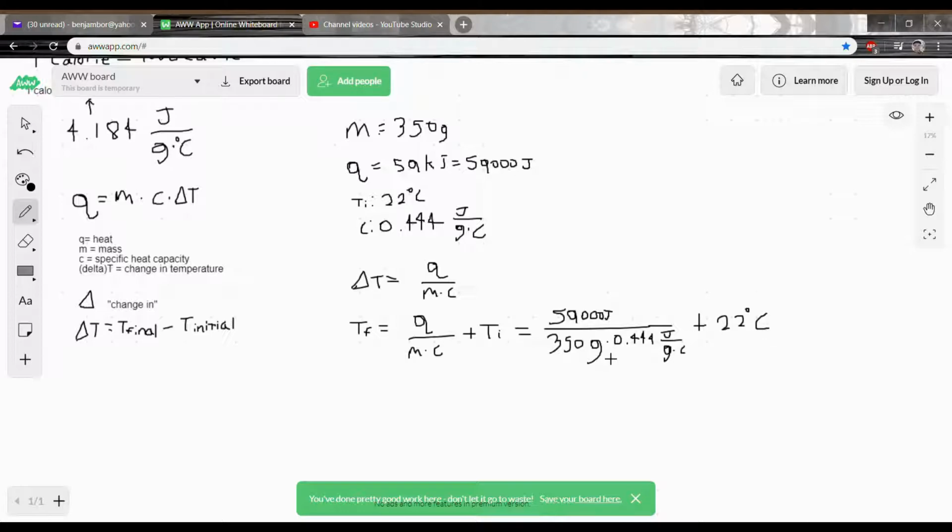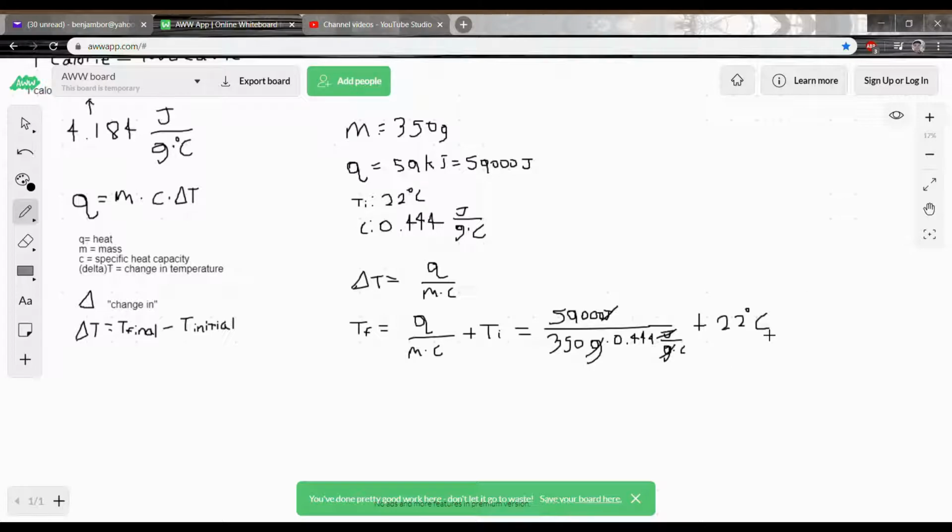Now, in order to add these two things together, they have to have similar units. We can see that these units are going to cancel out, and these are as well. This is going to give us 1 over C, which can simplify to simply degrees Celsius. That means we have like terms.